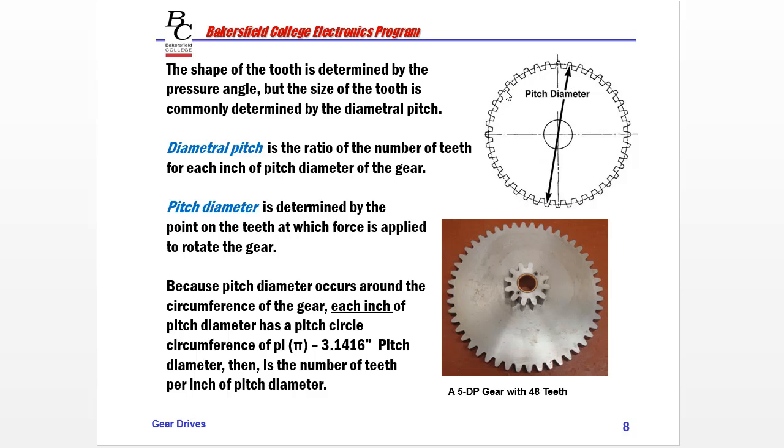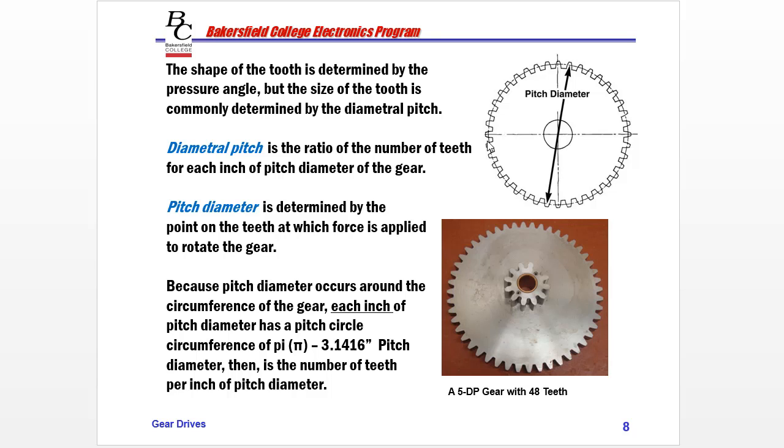So you see this imaginary circle going through the middle of the teeth? That will be the circle on which we measure the pitch diameter. We don't go to the very tip, and we don't go to the very root or valley. We kind of take it midway. That's the point where the force is applied.